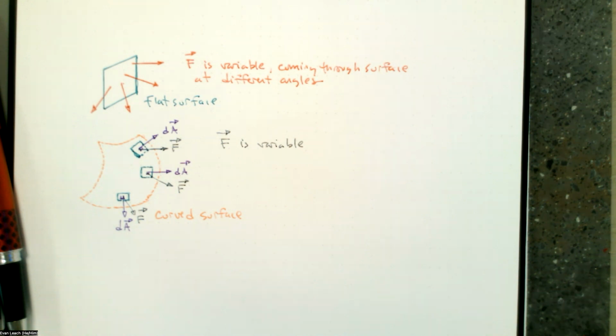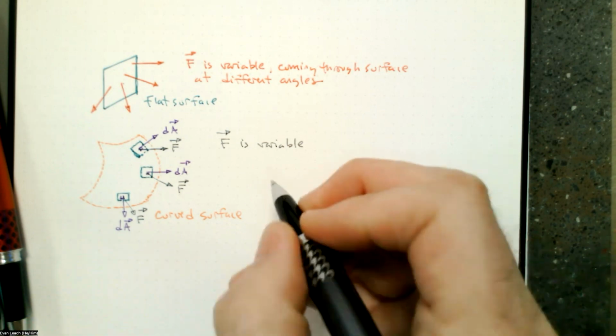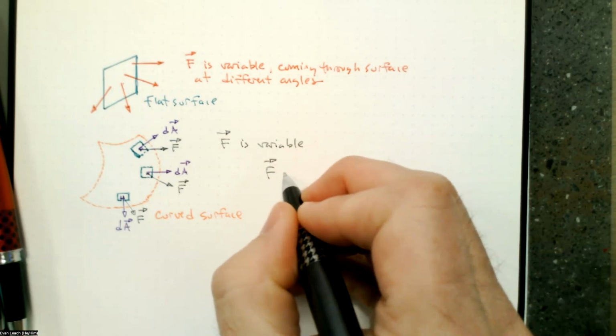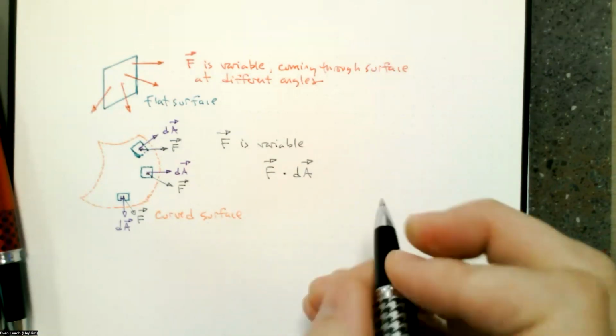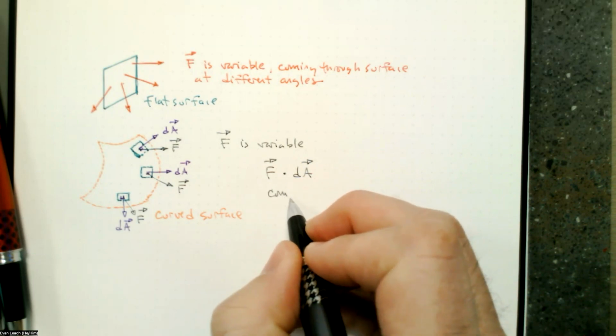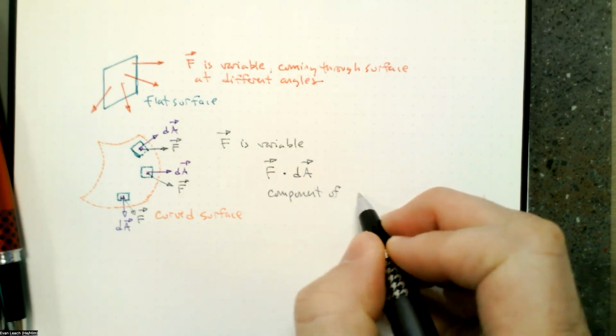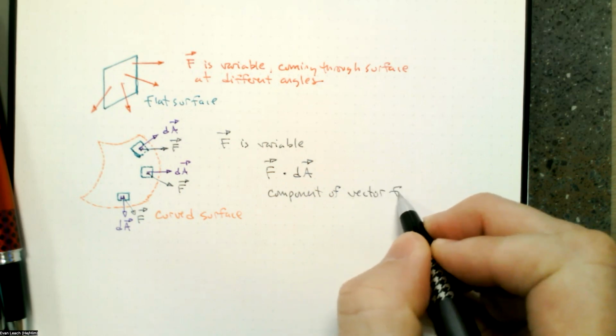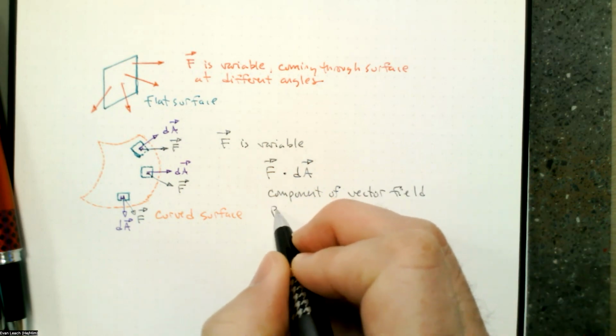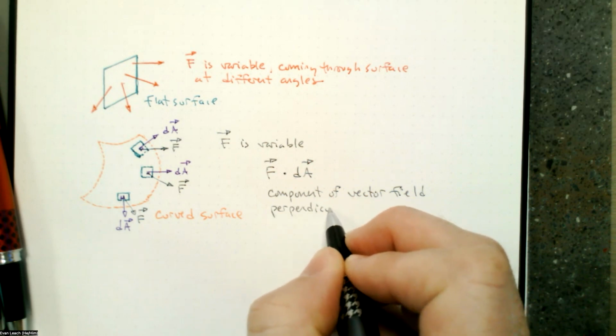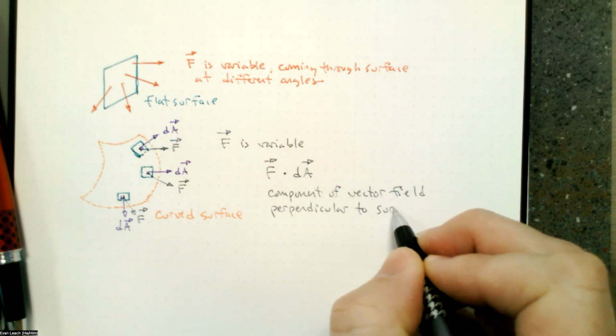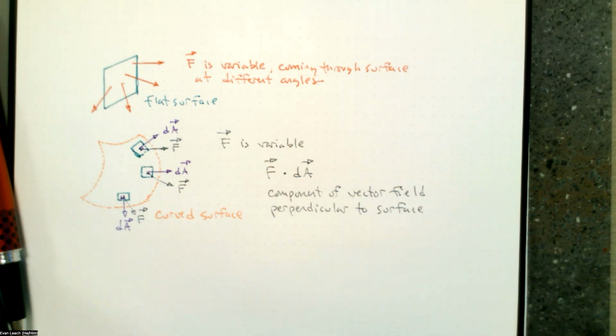I want to know what component of the vector field is perpendicular to the surface. In a dot product, we're going to be thinking about the component of the vector field that is perpendicular to the surface.